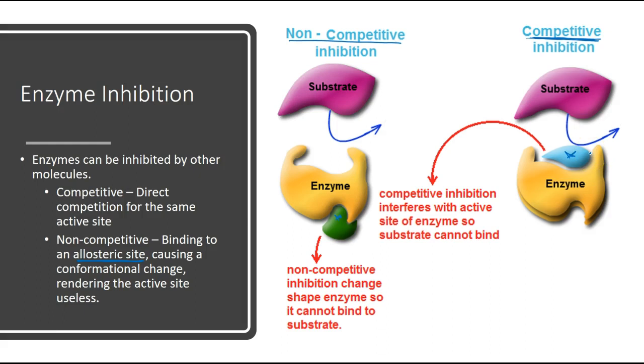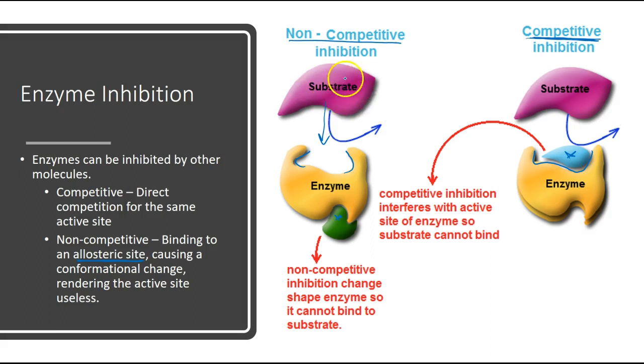You'll notice that there is a less pronounced hook on the two ends of this enzyme's active site. The active site should be this particular shape, but over here you'll notice that these actually hook in on both sides, which is going to keep that substrate from actually fitting like it should.